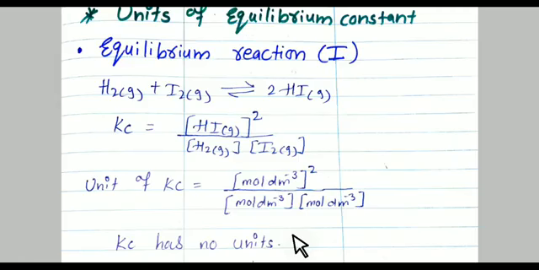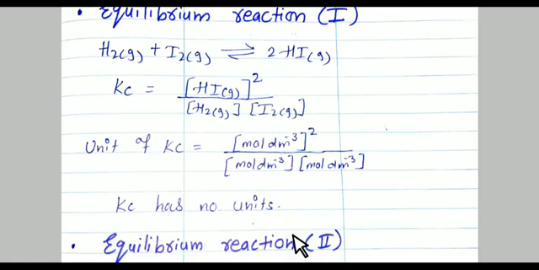H2 plus I2 gives 2HI. We take the formula for Kc, which gives mole per decimeter cube, and when we solve it, all the mole per decimeter cube cancel and we have no unit for Kc.